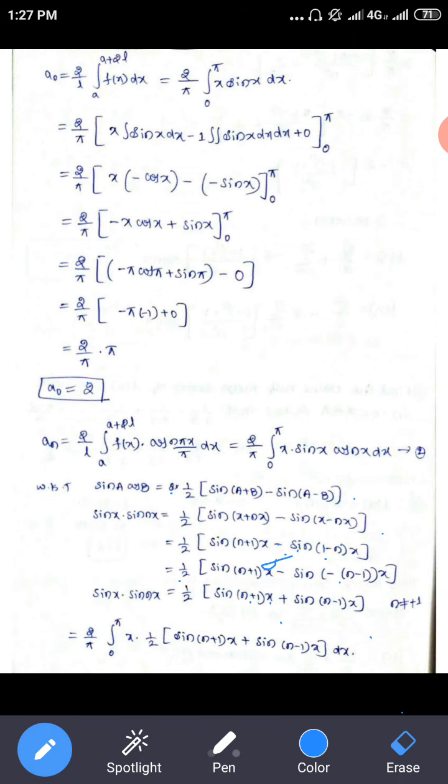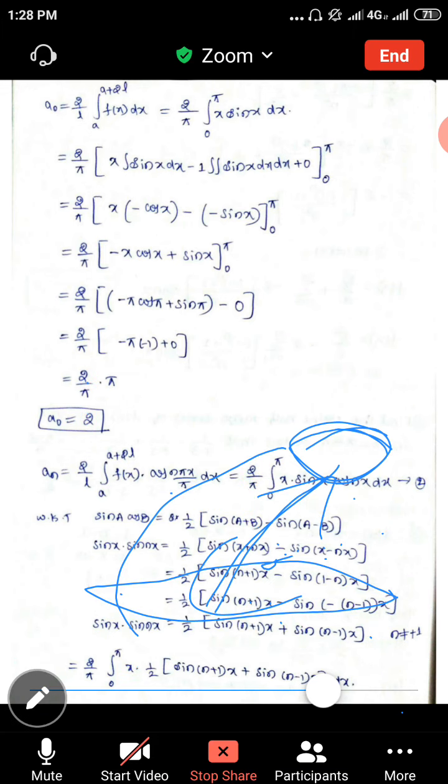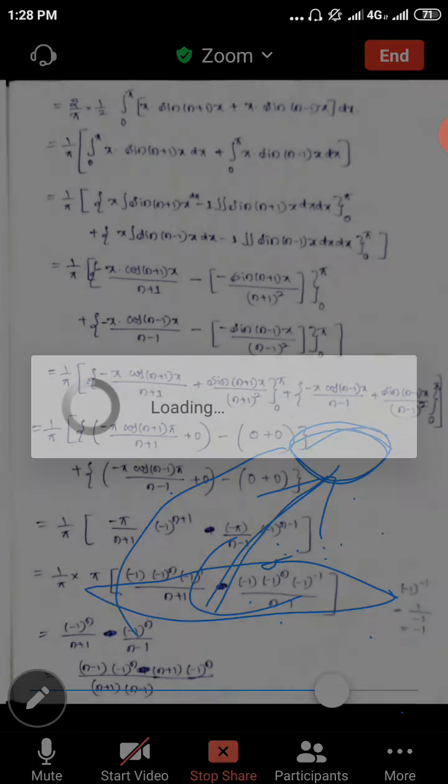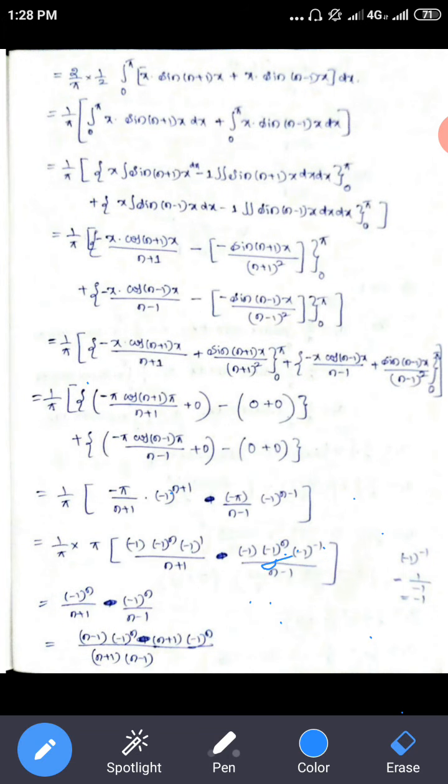So 2 by pi, 0 to pi, x as it is. This one I'll substitute here, half of sin of n plus 1 into x minus sin of n minus 1 into x dx. So next, that 1 by 2 I am taking out.